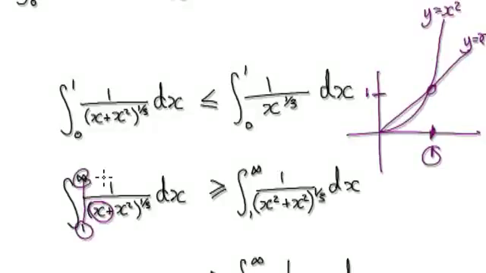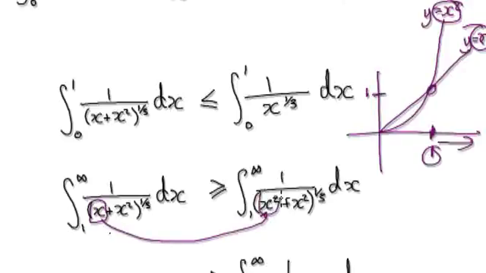From 1 to infinity, so beyond 1, x squared will always be bigger or equal to x. So if we turn this into x squared, beyond 1 or 1 or above, this thing is going to be bigger or equal to this thing.